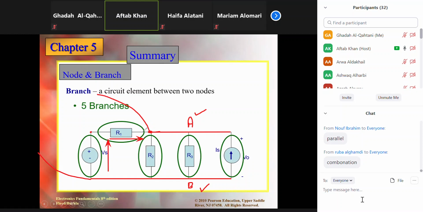So they are in series first, then their combination is in parallel with that one. So this is a series connection, this is a parallel connection, so this is a combinational circuit. Is it clear now?